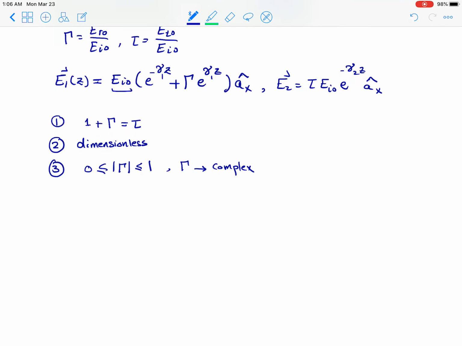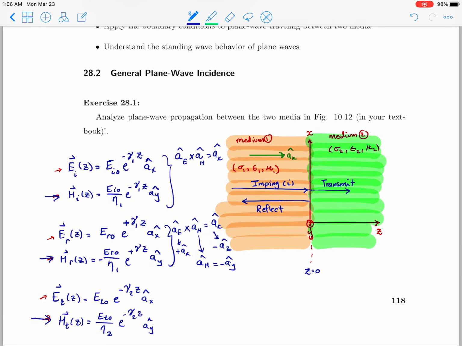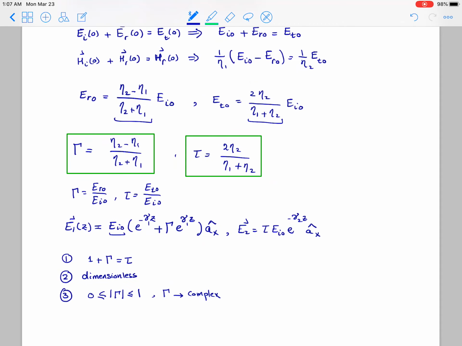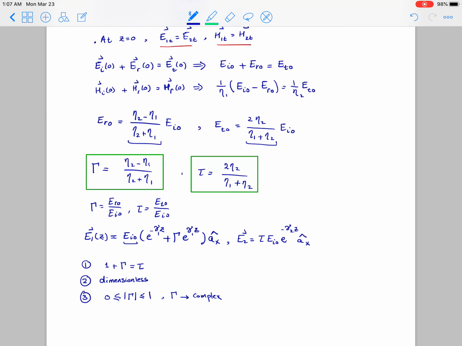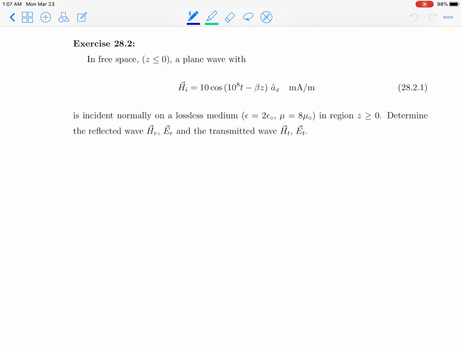In the following part, we're going to talk about special cases when the wave propagates between two special media. For example, one of them is a lossless dielectric and the other is a perfect conductor, or free space and a lossless dielectric. But before that, let's take an example to make sure that we understand the concept here. We're given a free space.